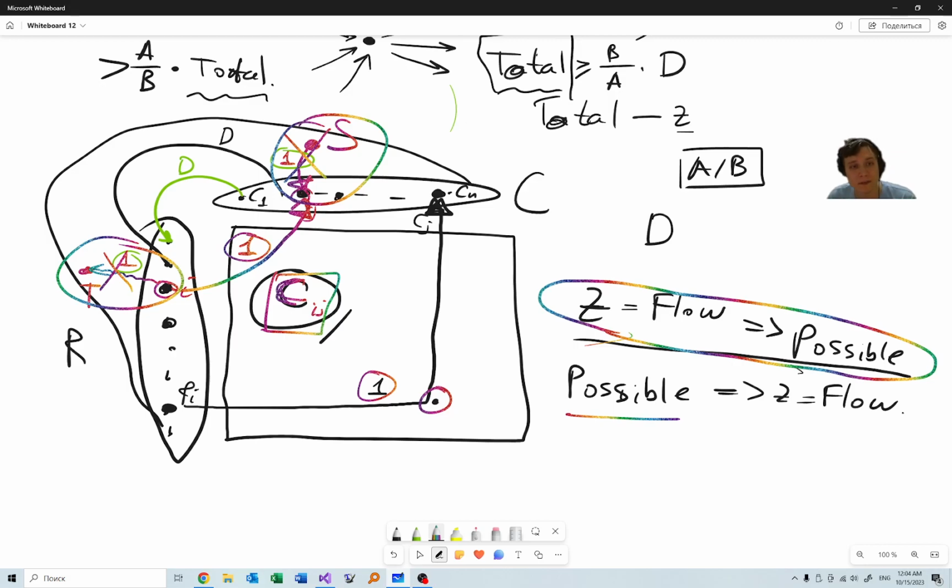So if you replace it back with the source and the sink, you end up with the correct flow of size Z, because for each Cij, the edge should have been activated. So we replace this edge with 2 edges to sink and from source, and they're still activated, so the flow is Z now.